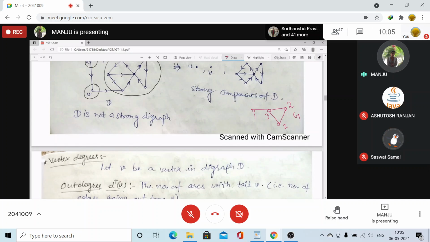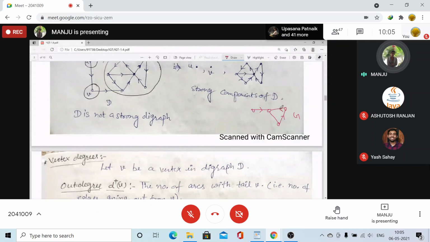If I put the direction in this graph, then what will happen? Some edges are coming to the vertex and some is going out, right? In that sense, in the directed graph D, we talk about the in degree and out degree.